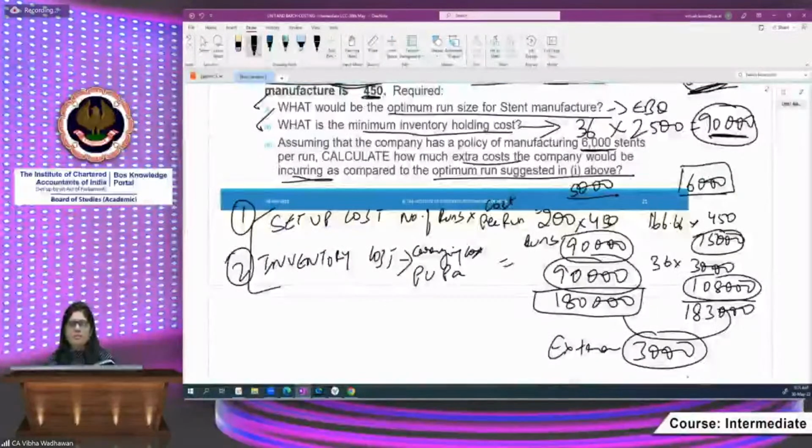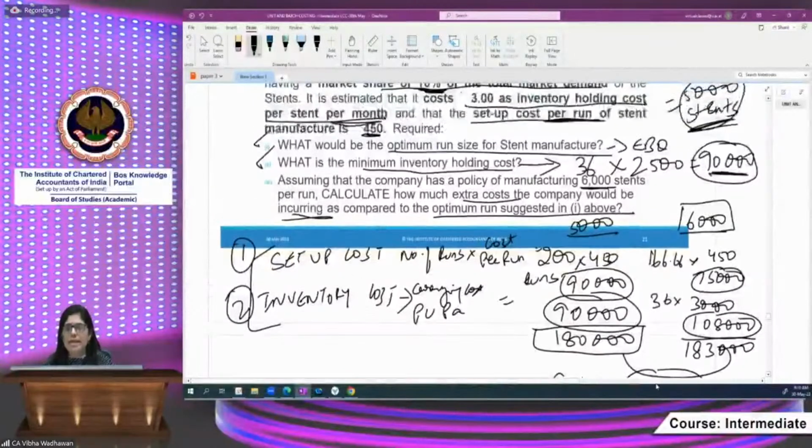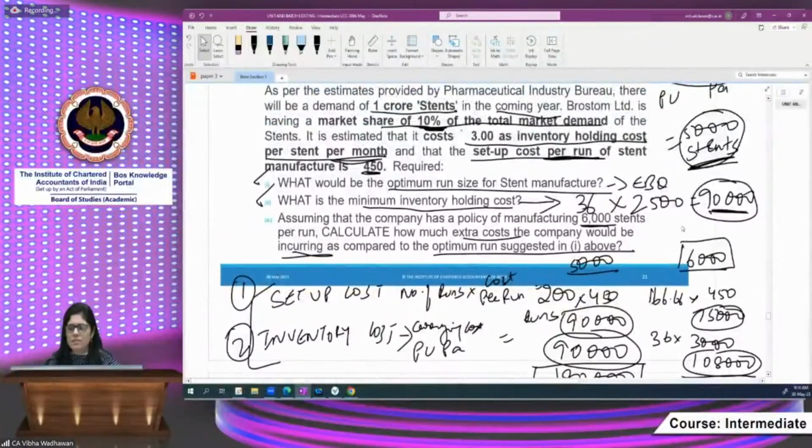Total cost is made up of setup cost and inventory holding cost. Setup cost means how many setups or runs or batches you have to run.